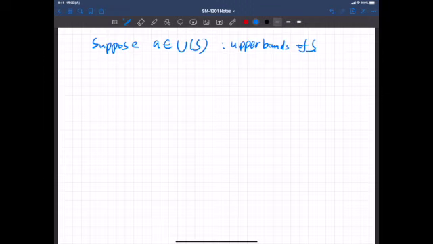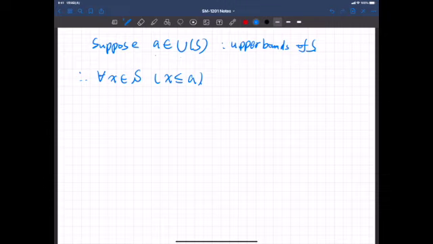Okay, so that means for all x that is an element of S, we have x is less than or equal to a. Okay, so suppose a is an upper bound of S, then we have this.